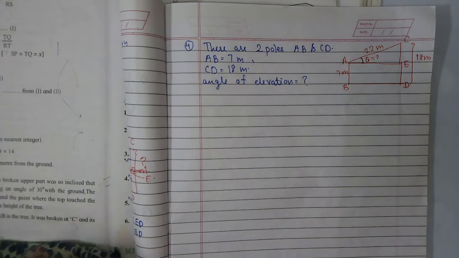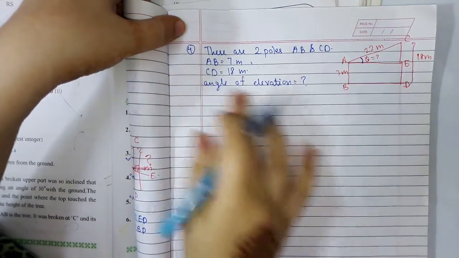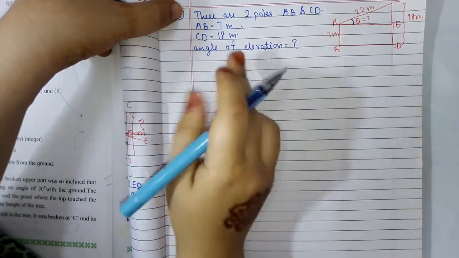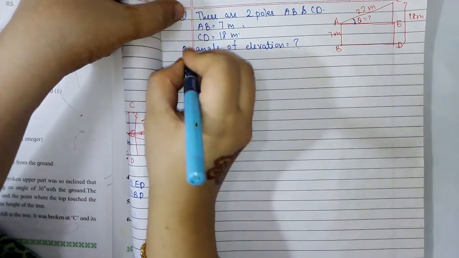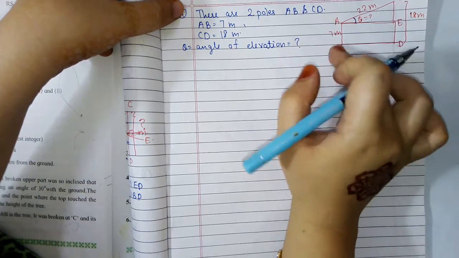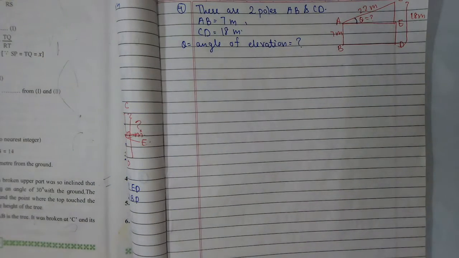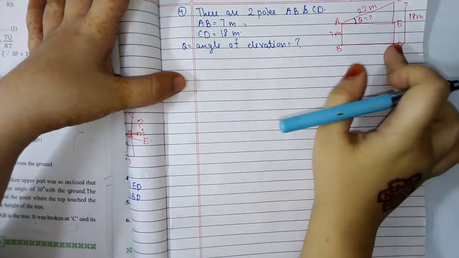So here I have written there are two poles AB and CD, and all the given data. We have to calculate the angle of elevation theta. If you observe here, ABDE is a rectangle, so AB will be parallel to ED, and BD will be parallel to AE.